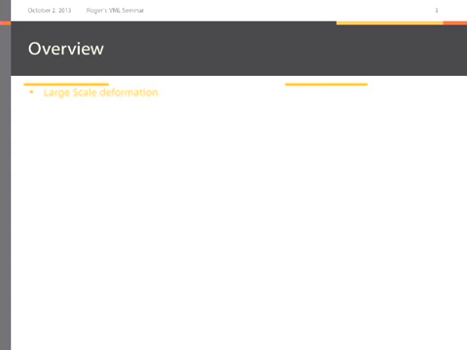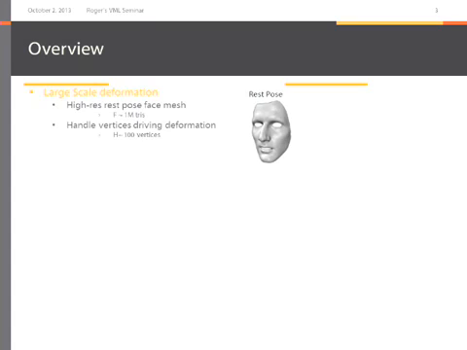So in the overview, first we want to deal with the large scale deformation. The starting point is a high-res rest pose face mesh. They use more or less a 1 million triangle mesh like this. Then this is driven by a set of handle positions, like the markers of the motion capture.